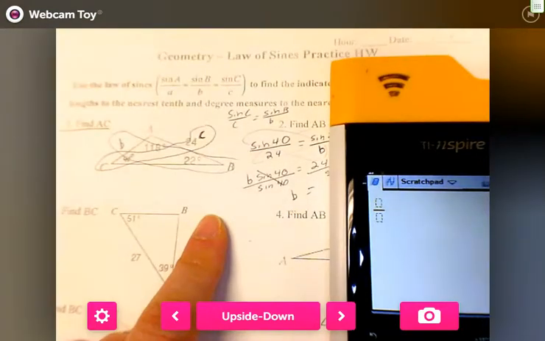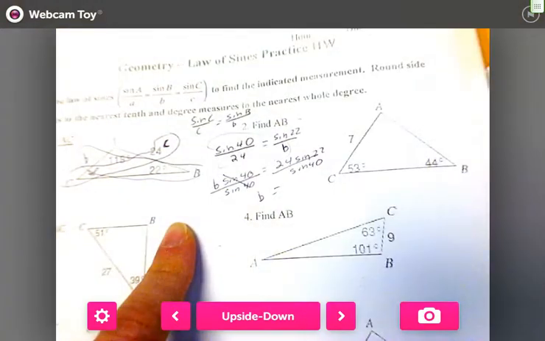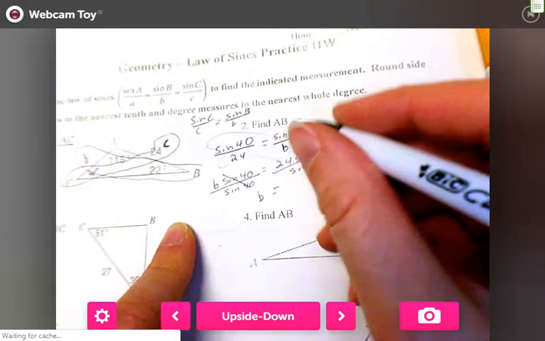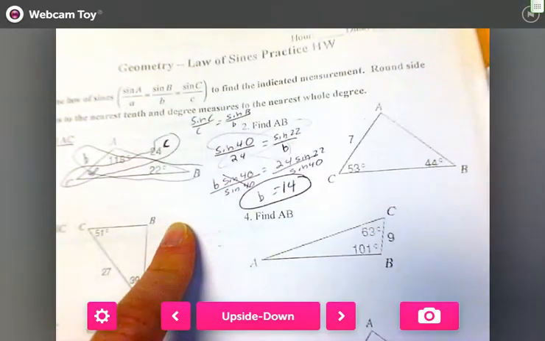And then I put 24 sine 22 divided by sine 40. And I push enter, and I'm going to get 13.9. It says round the sides to the nearest tenth. So I'm going to get 14. That's my answer.